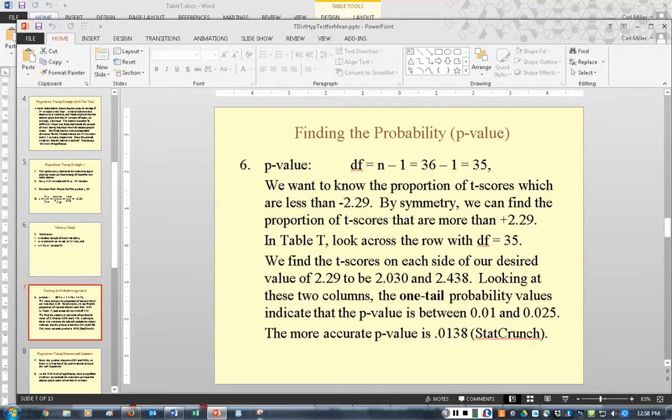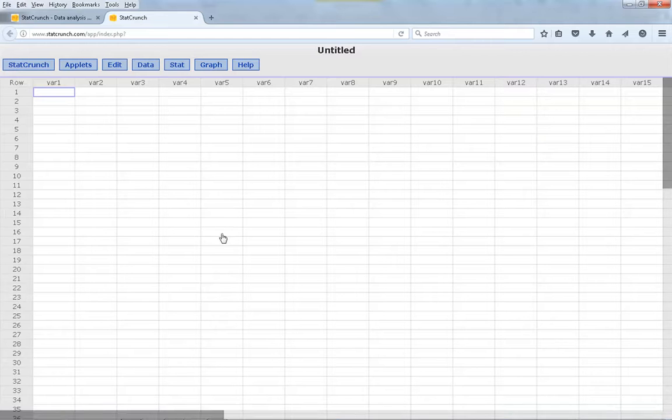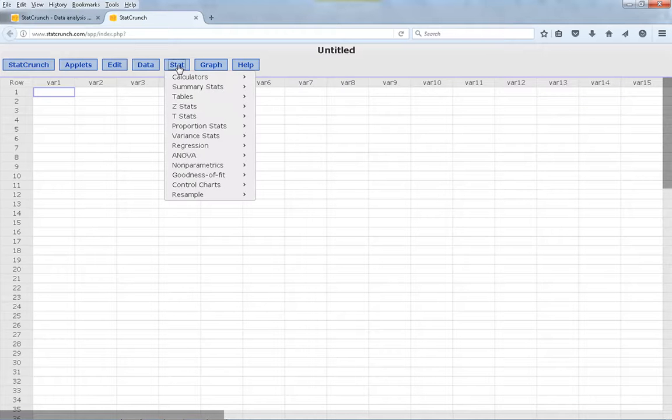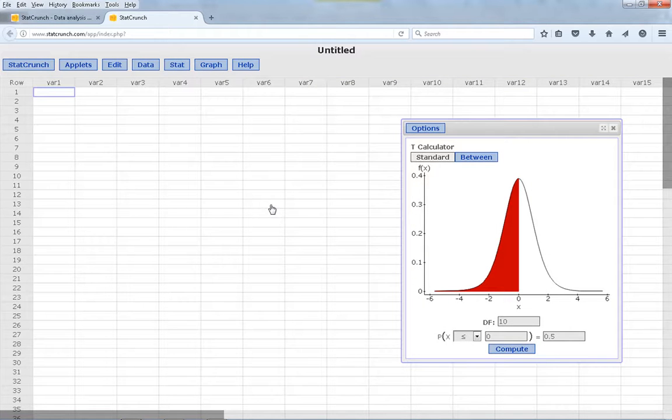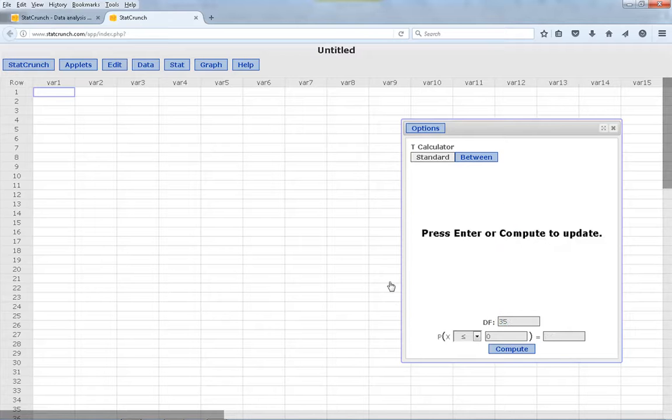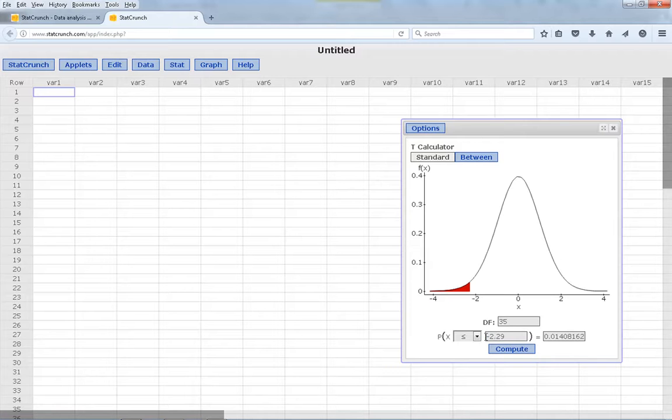So now I'm going to go into StatCrunch and I'm going to use the calculator. Under Stat, there are these calculators which you can find probabilities with. So I'm going to go down to the T. I need the degrees of freedom to be 35, and I want the chance that my score is less than or equal to negative 2.29.